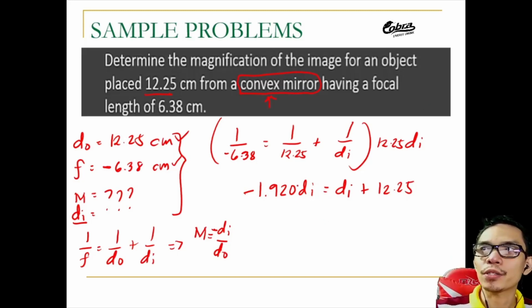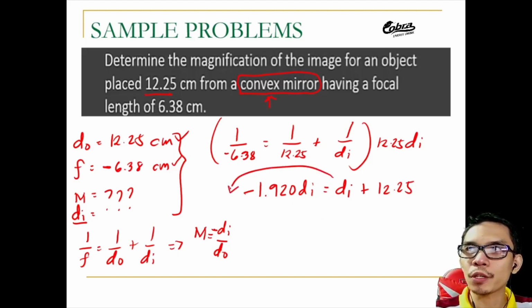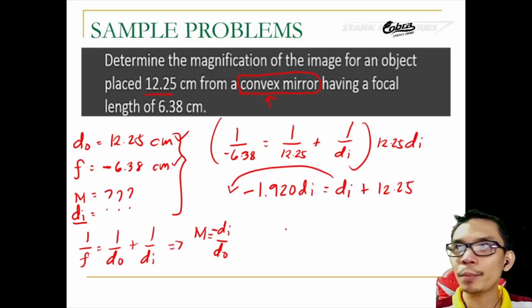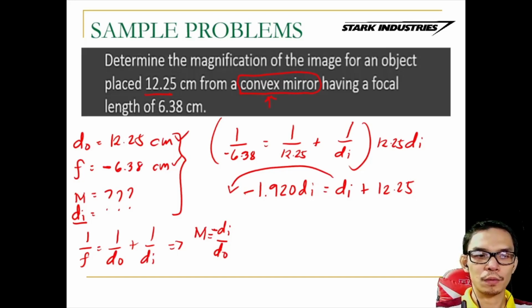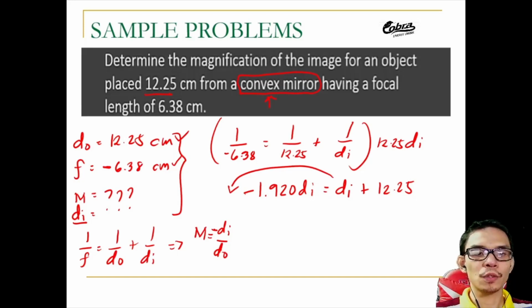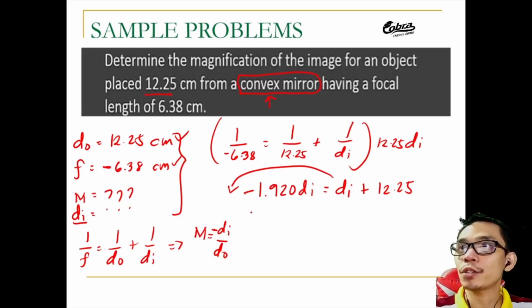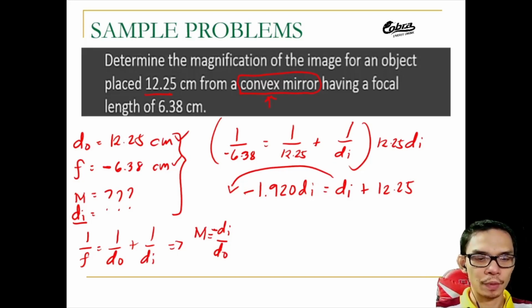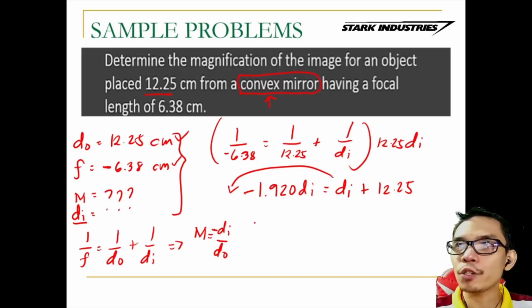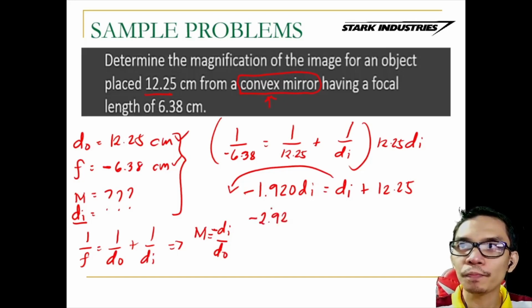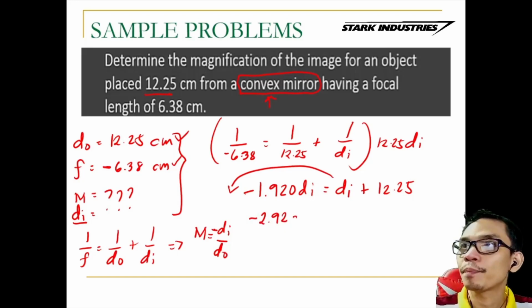Let's do a bit of algebra here. Transpose it over there. So the d sub i will be negative 1 minus 1.920, so the answer will be negative 2.92 d sub i.